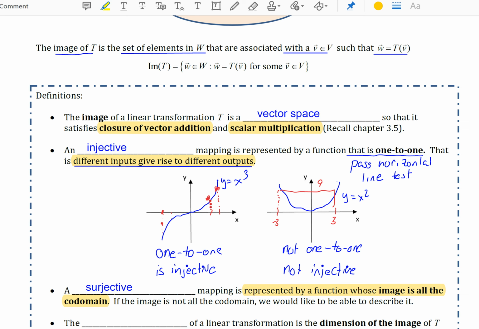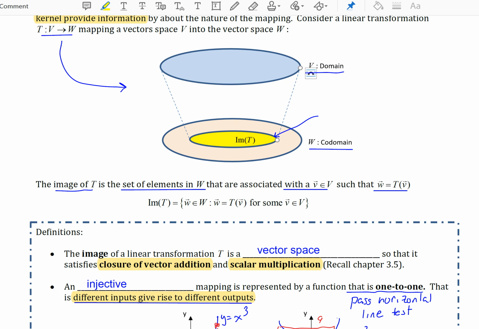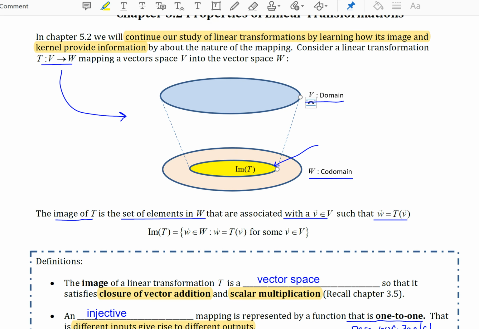If the image is not all the codomain, we generally want to be able to describe it though. But a surjective image is when your image is all of your codomain. Now if I were to look at the graphic I showed you earlier, this is not the graphic of a surjective transformation. Maybe a graphic of a surjective transformation might look something like this.